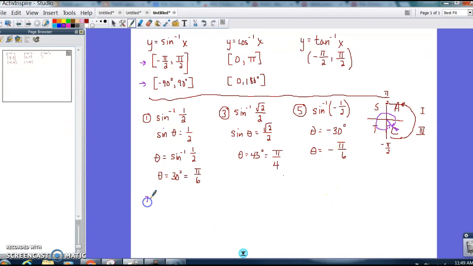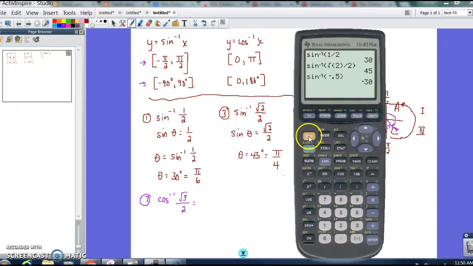So let's look at problem number 7. Problem number 7 says inverse cosine of root 3 over 2. You could easily do that in your calculator.